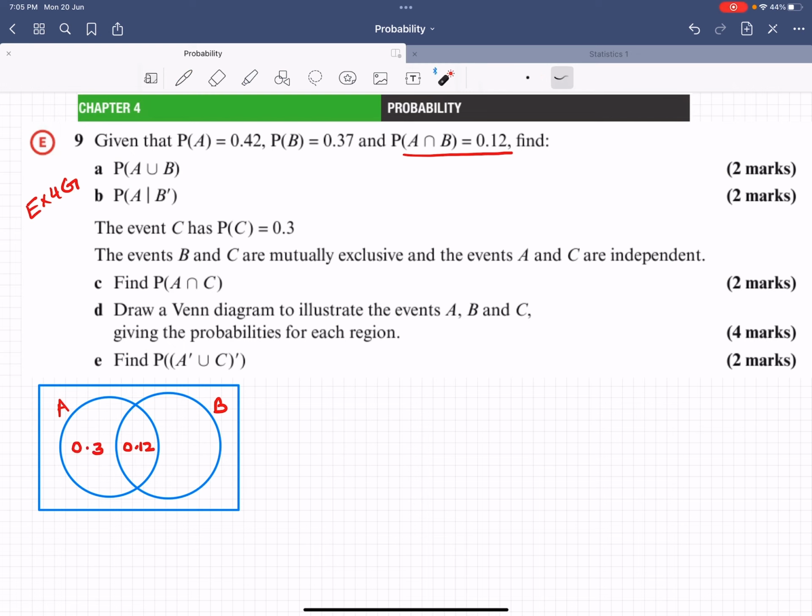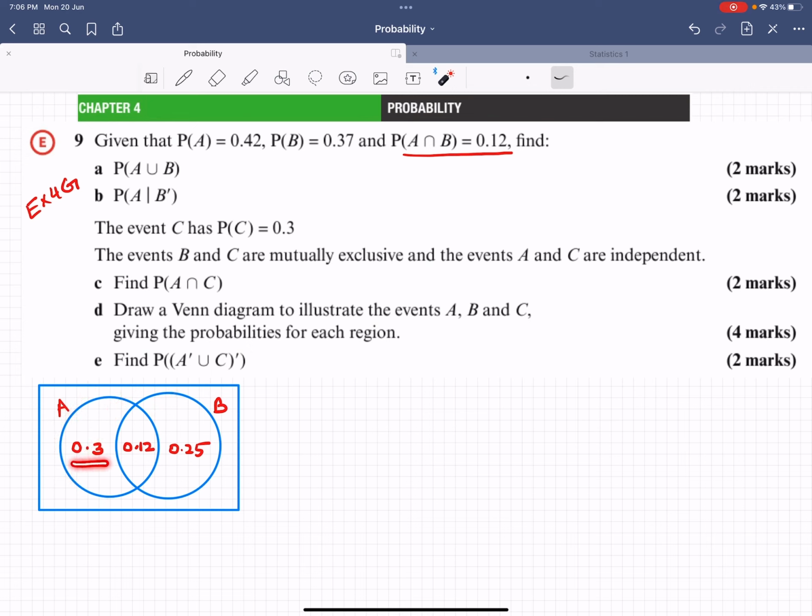Similarly, we are given the probability of B, which is 0.37, which is for the entire circle of B. We can find the probability of only B by subtracting 0.12 from 0.37, and we get 0.25. Now we can find the probability outside both the circles. We know that the probability in a Venn diagram adds to 1.